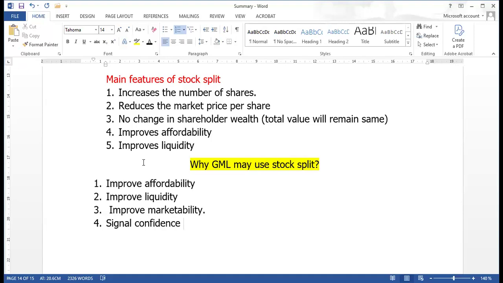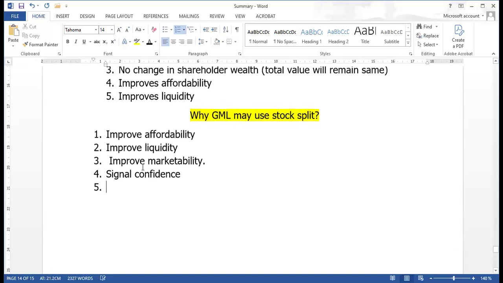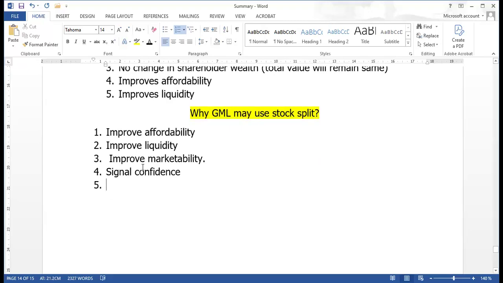That is also something that you can think about. And also another thing is in terms of maintaining, to maintain an optimal trading range.